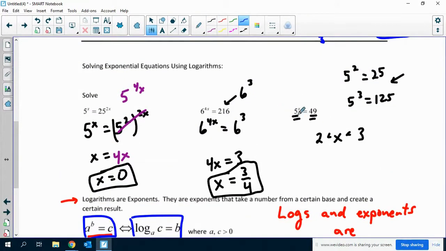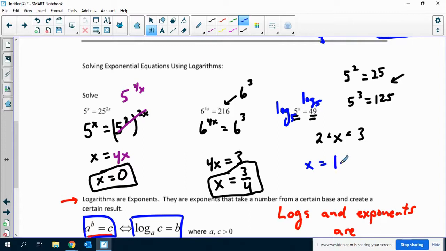So now let's go back to this problem. 5 to the x equals 49. In order to be able to solve this, I don't know what that is. But what I can do is I can do a log base 5 of both sides. So if I do log base 5 of both sides, the log base 5 of 5 to the x basically goes away and I end up with x.